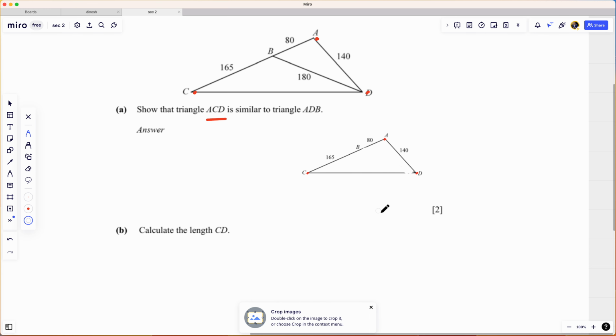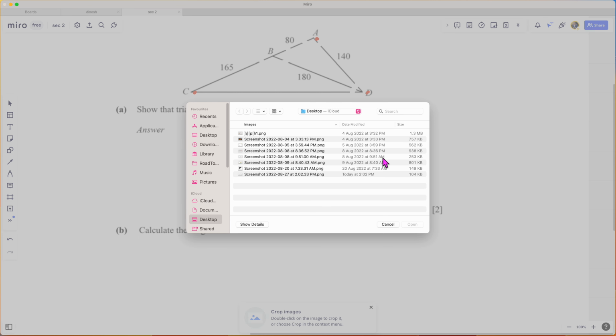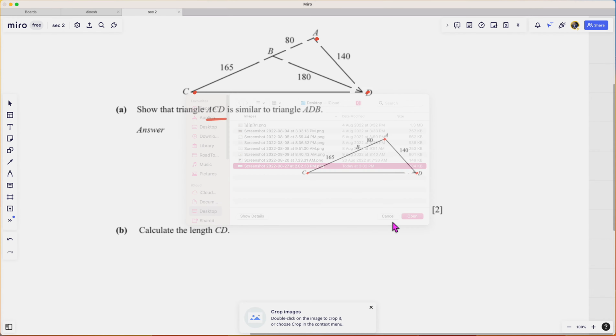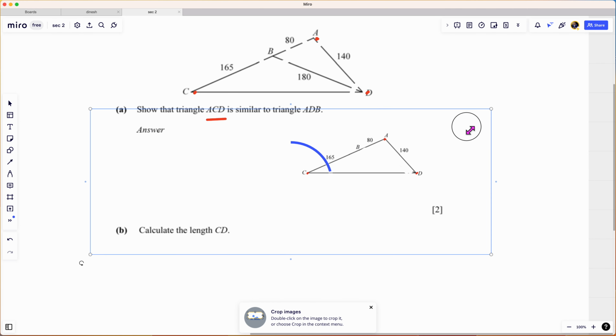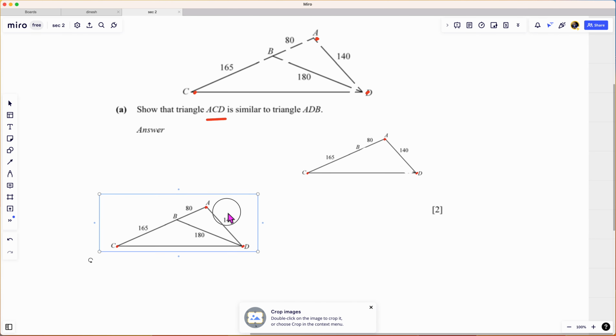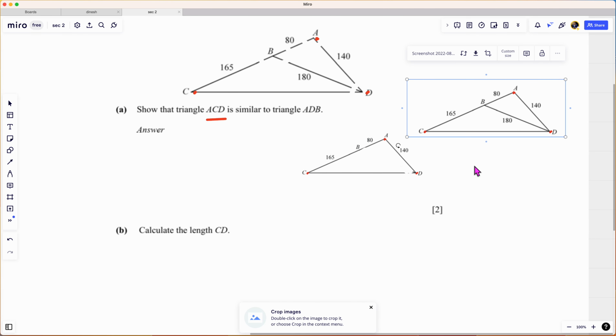Then the next one you need to extract is ADB, right? Just take ADB out.